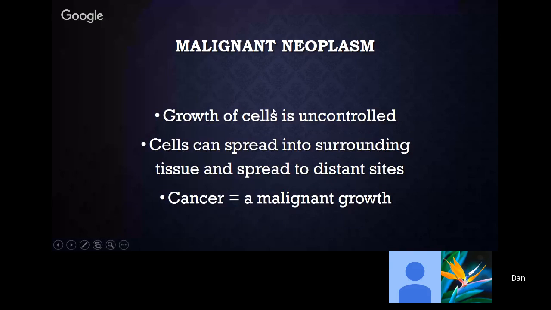So remember that malignant neoplasm is a growth you cannot control whatsoever. If you can control the growth, it means it's mostly benign or normal. The cells spread all over the place, and then spread at a distance using the blood, the lymphatics, and direct contact.